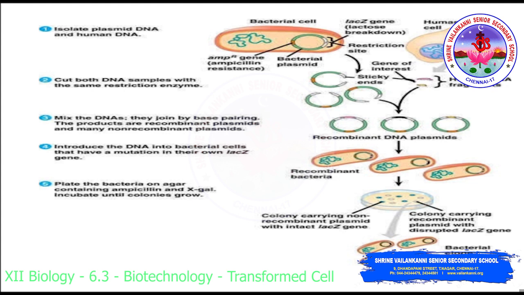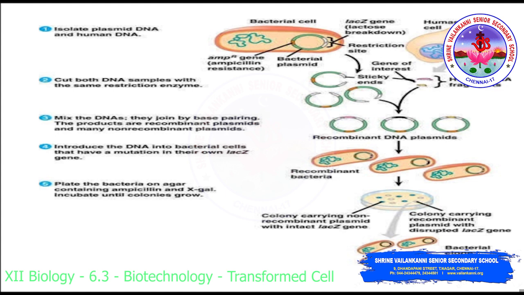The first step is to isolate the plasmid DNA and human DNA, as we apply rDNA technology. On the left-hand side you can see the bacterial cell and here the human cell. So the first process is to isolate the plasmid DNAs.